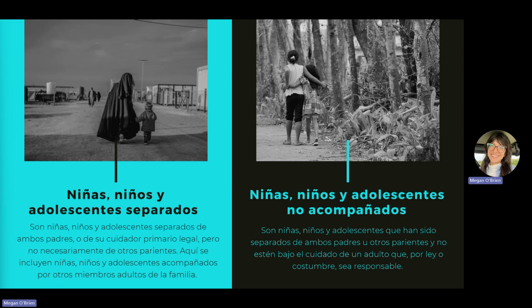Unaccompanied children and minors are children who have been separated from both parents and other relatives and are not being cared for by an adult who, by law or custom, is responsible for doing so. So on the intake form, you'll be asked about unaccompanied or separated children, and this is where you would mark either of those.